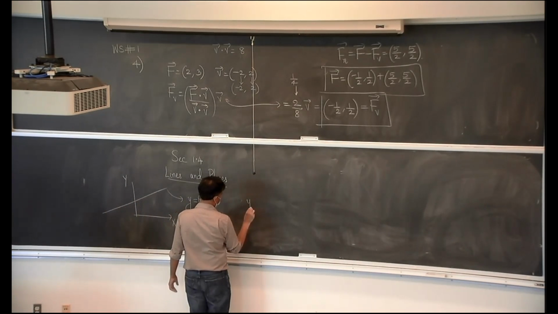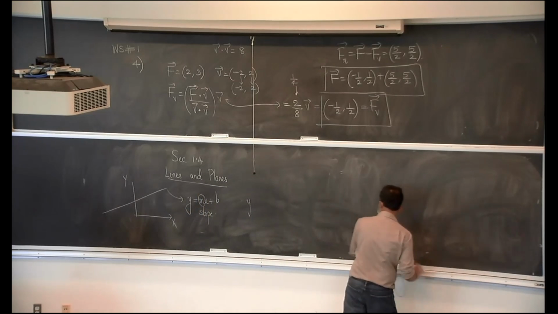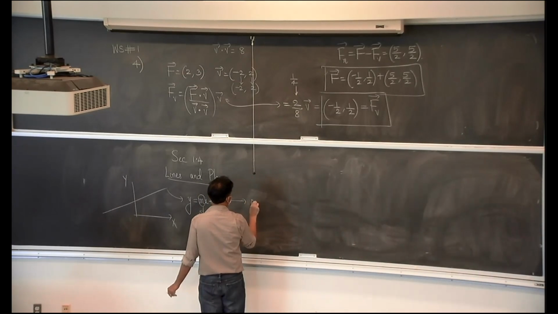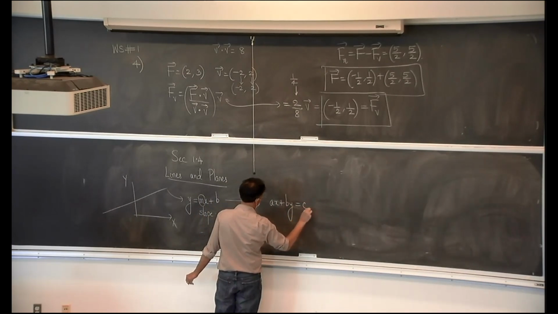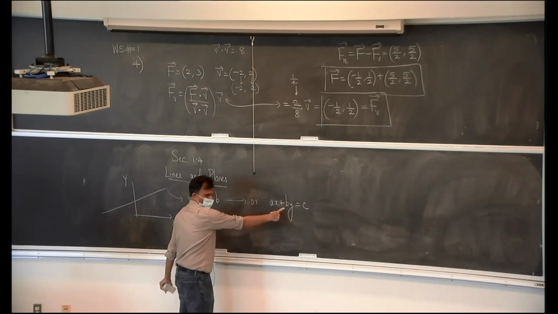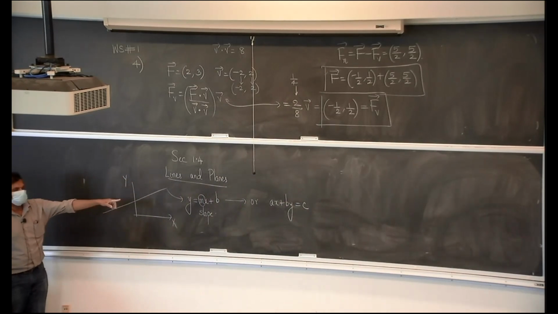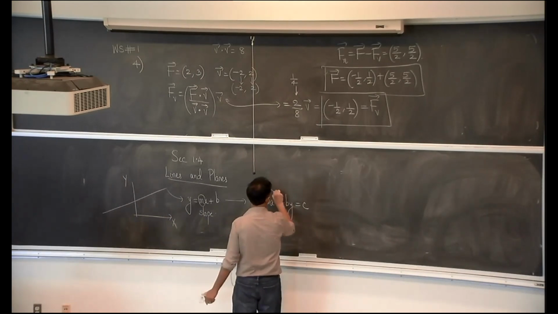Another form of writing the same equation is, some of you might have seen this in high school and forgotten it, ax plus by equal to c. This b and this b are not the same. This is what is usually referred to as the standard form of an equation for a straight line.